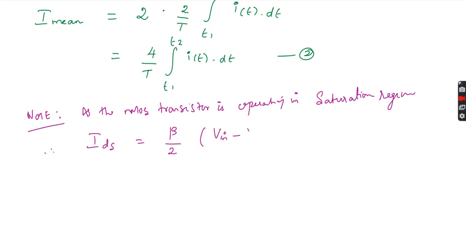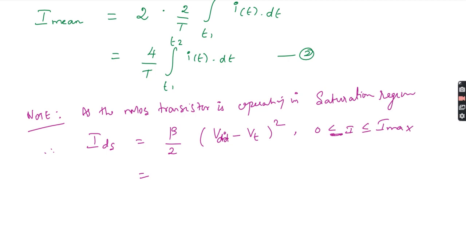Vn minus Vt, that is VDD. Actually it's supposed to be VD minus Vt the whole square. This will be for the current from 0 to I max.